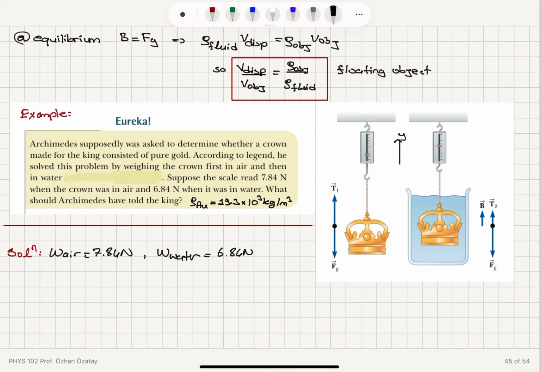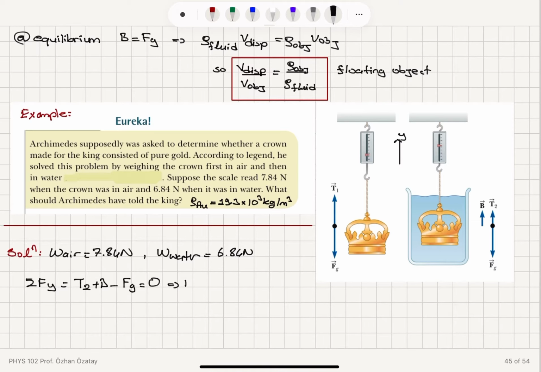So if I call this axis the y-axis, the net force on the y-axis is my tension on the string T2, which is what I'm reading, plus the buoyant force minus the weight of the object. And this is equal to 0 because the crown is at equilibrium inside the water.